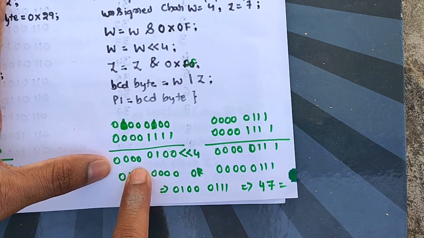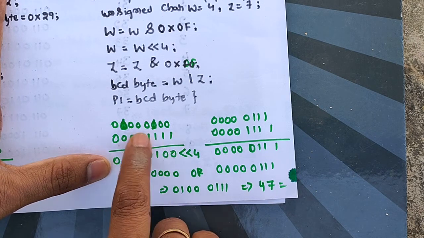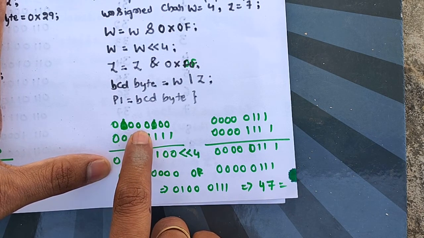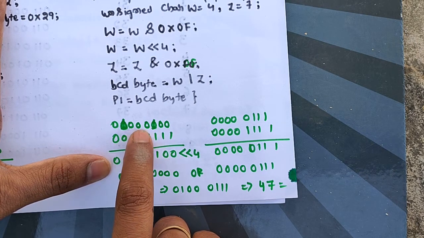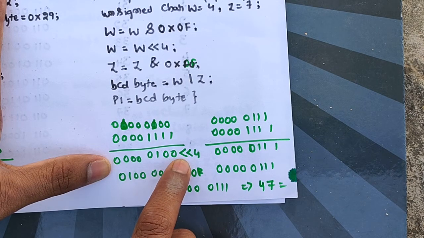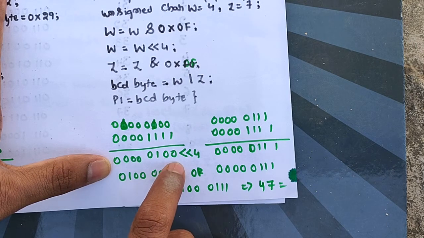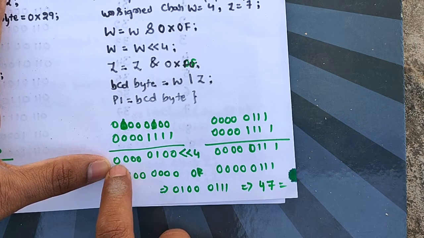So for the first byte, that is 0000 0100, for this value I am going to AND with 0F. You will get 0F value, which is nothing but 04.